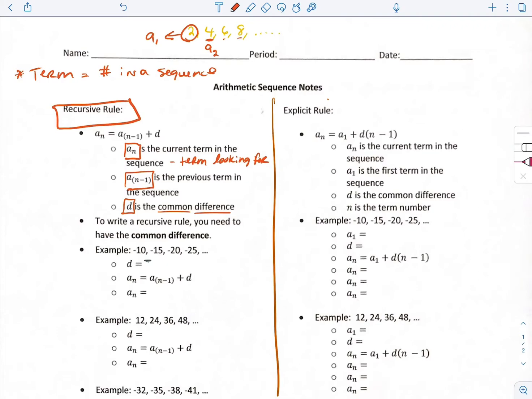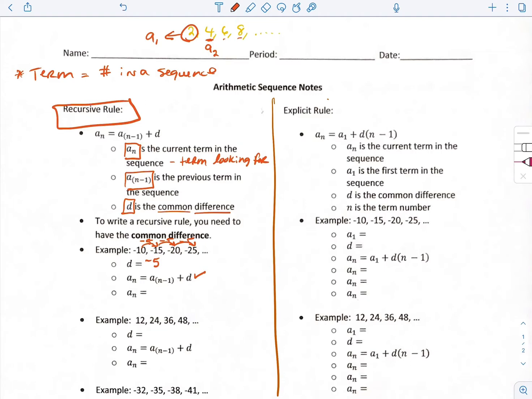For example, let's say we have negative 10, negative 15, negative 20, and negative 25. Our common difference here, that means what we're decreasing by, seems to be 5 each time. So our common difference would be negative 5. Now, I've rewritten the rule here so that we can have it.